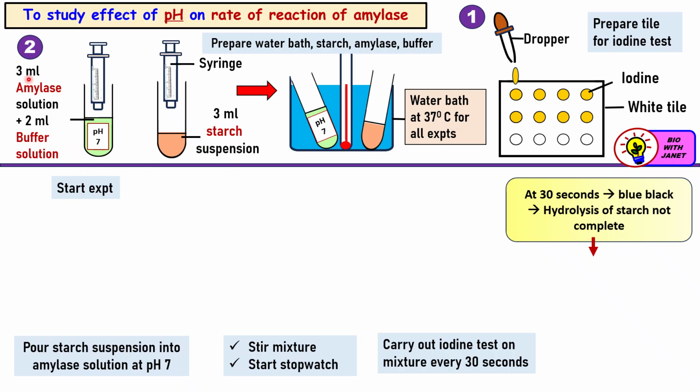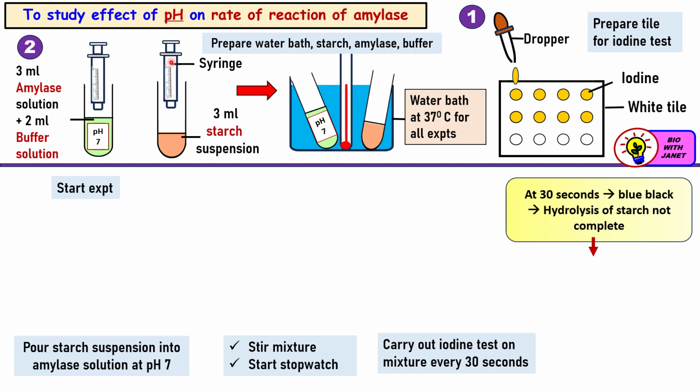Add 3 ml of amylase solution and 2 ml of buffer solution into a test tube by using the 2 different syringes. Here the volume of the enzyme and buffer solution, and even for the starch suspension, is just an example. In each experiment, it may be different.